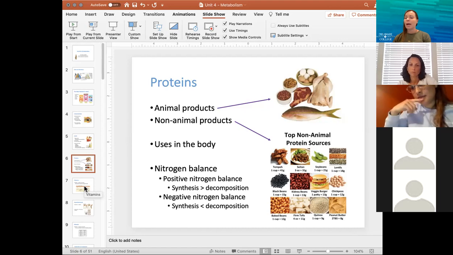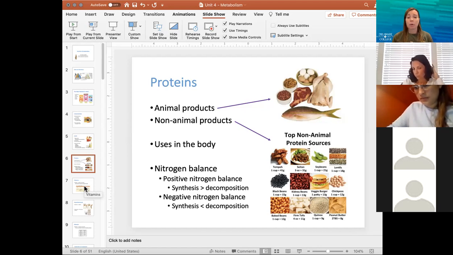So the nitrogen balance is generally determined by the rate that you're making new proteins compared to the rate that you're breaking down proteins. So the rate of protein synthesis should be about the same as the rate that your body is breaking down proteins.